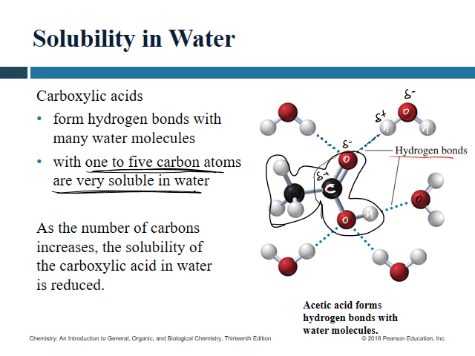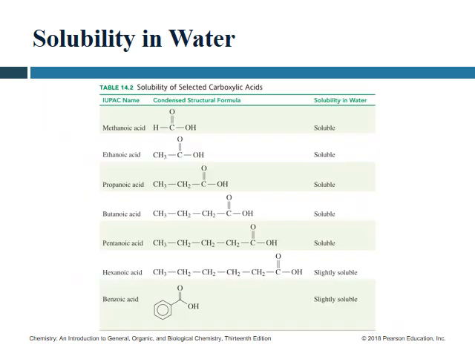But if you increase more than that, it becomes less soluble, and if you go higher, it becomes insoluble. So as the number of carbons increases, the solubility of the carboxylic acid in water decreases. You can see right here, 5 carbon is soluble. When you go to 6 carbon, it becomes slightly soluble, and anything more than that, you could regard as very sparingly soluble or insoluble, right?